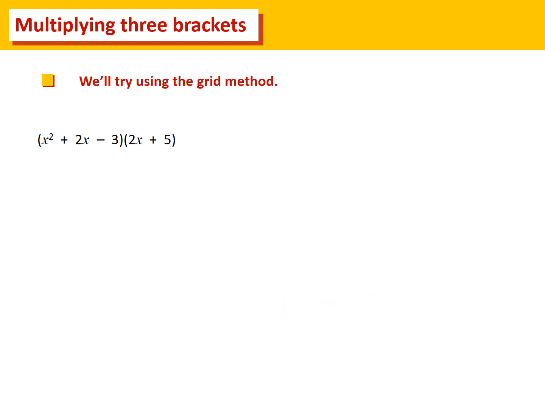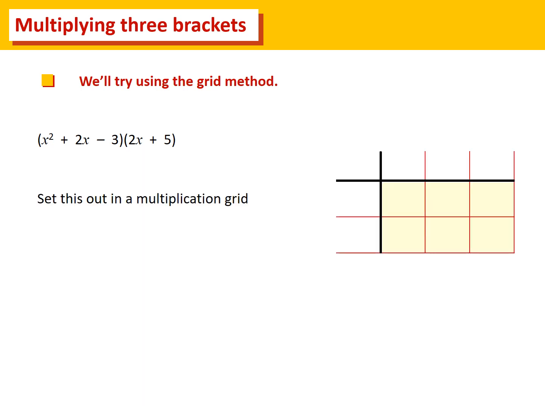Here's a second example. Once again, as a multiplication grid, take the first bracket and put it on the top row. Then 2x plus 5 would go down the side. And remember, it's a multiplication grid, so 2x times x squared, 2x cubed. 2x times 2x, that makes 4x squared.